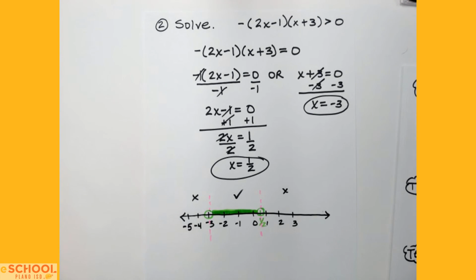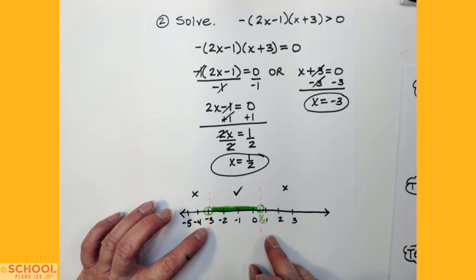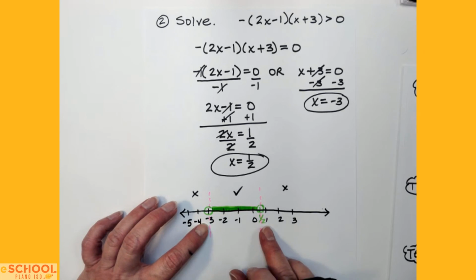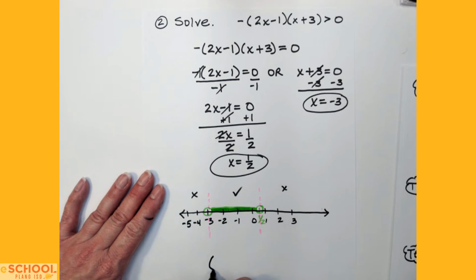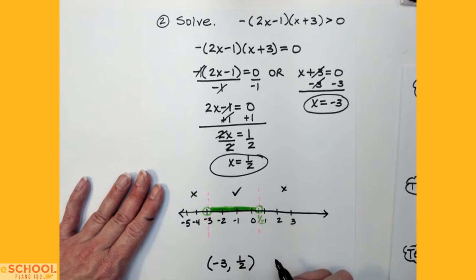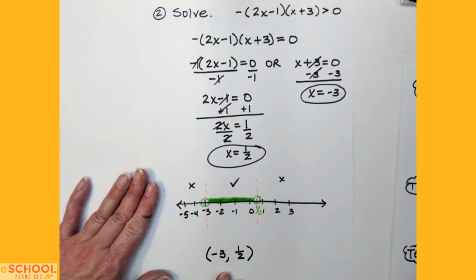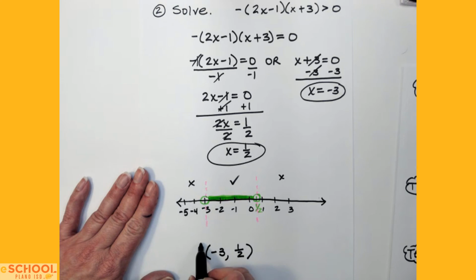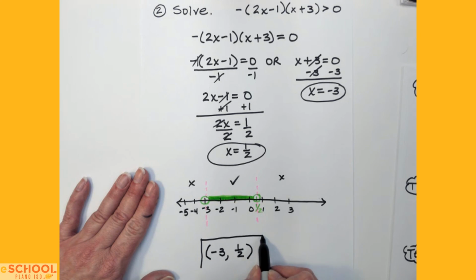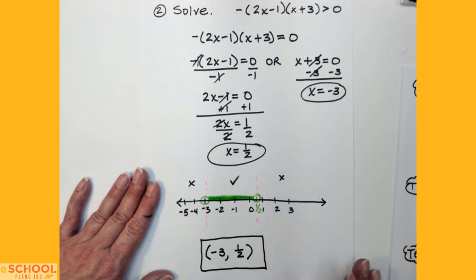So now let's write our solution with interval notation. Since I'm not including negative 3 and 1/2, I'm going to use parentheses. So I have negative 3 as my first endpoint and 1/2 as the second endpoint, and neither of those are included, and this shows that we are giving the solution as the interval between negative 3 and 1/2. Be careful, this is not an ordered pair. It is interval notation.